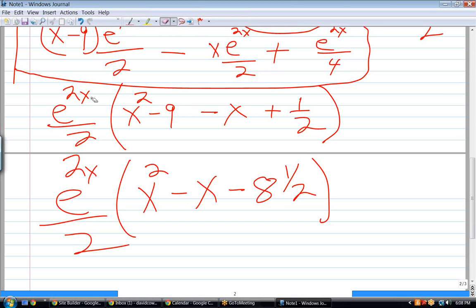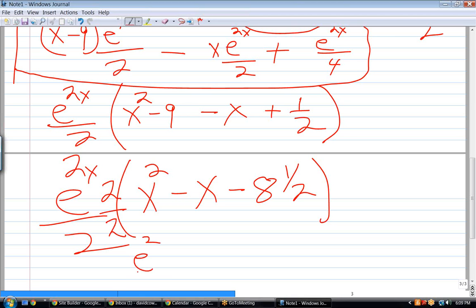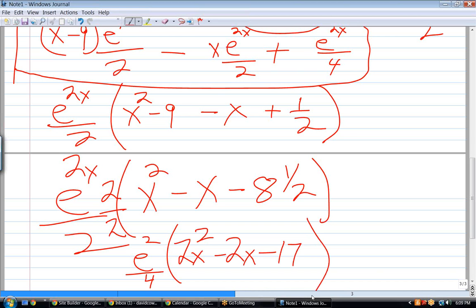What I'm suggesting is that we multiply the inside by 2 and divide it by 2. And that's going to give me e squared over 4 times 2x squared minus 2x minus 17. Much prettier answer.